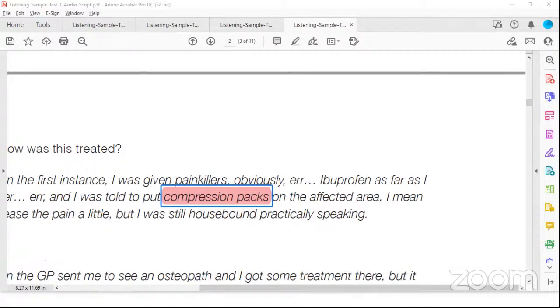I'm not talking about the letters. The A sound is missing and the S sound is present. If you notice that the A sound is missing, you will know that it is plural. If you notice that the S sound is there, then also you will know it is plural.